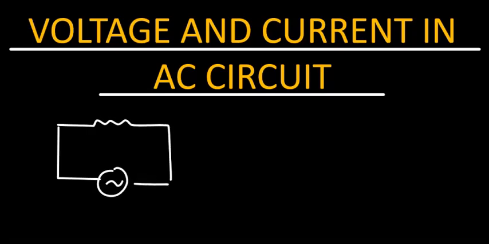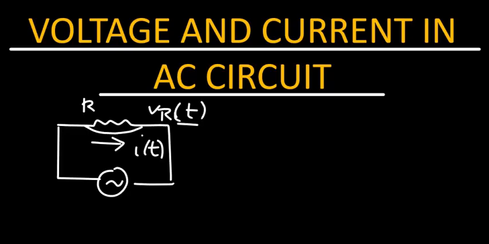A simple example of an AC circuit is as follows. You have a resistor and you have an AC generator, like that. If you assume that the current that's passing through the resistor is I, and you ask what is the voltage across this resistor, both these quantities are functions of time.